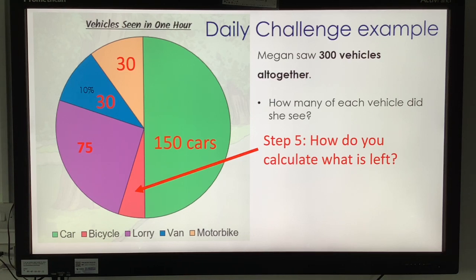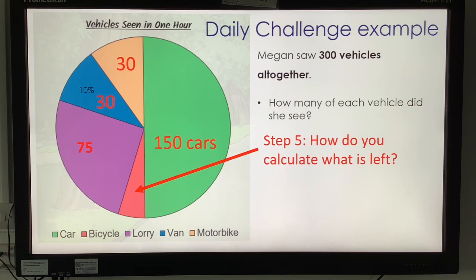Okay, so what you could do is you know there are 300 vehicles altogether. You now know there are 150 cars, there are 30 motorbikes, 30 vans and 75 lorries. If you were to add all of those pieces of information together, you would work out how many vehicles you had altogether except the bicycle. You could then remove that figure from 300 to find out your bicycle amount.